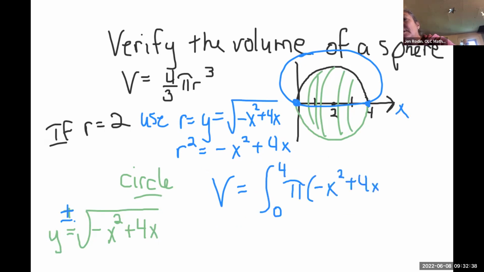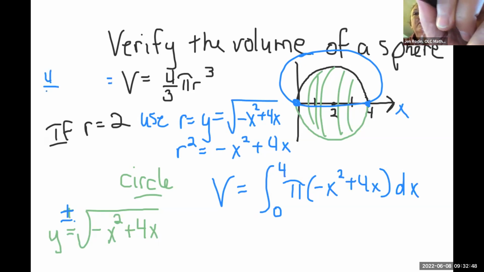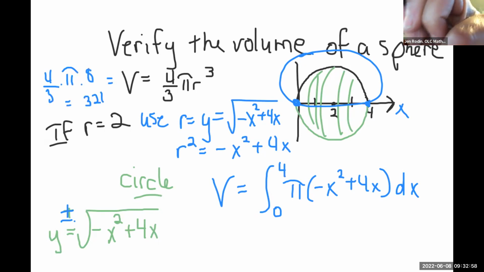It's a little harder than the one I was practicing in my notes, but it would still work. So it should end up coming out to be 4/3 times pi times the radius, which was 2. 2 to the third is 8. So it should come out 32 pi over 3.